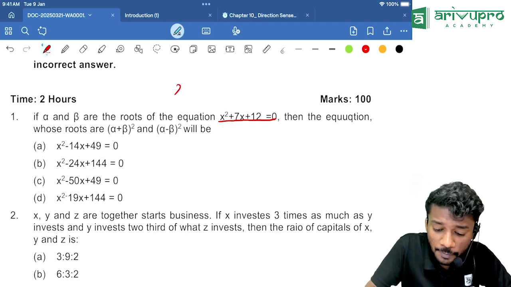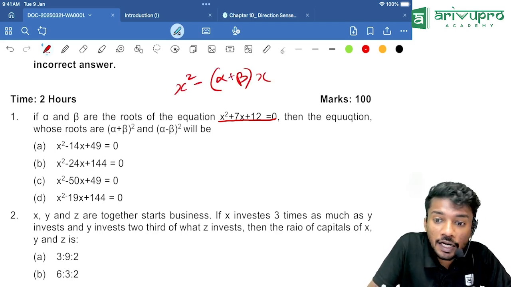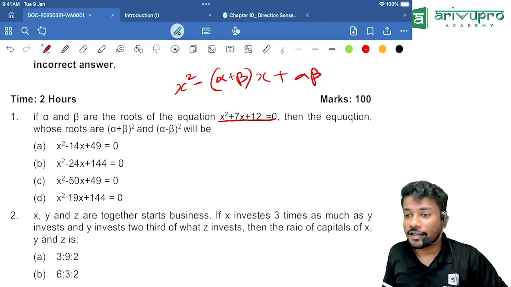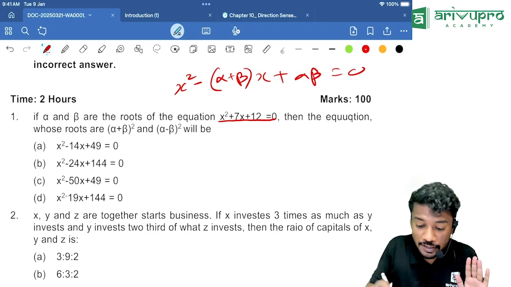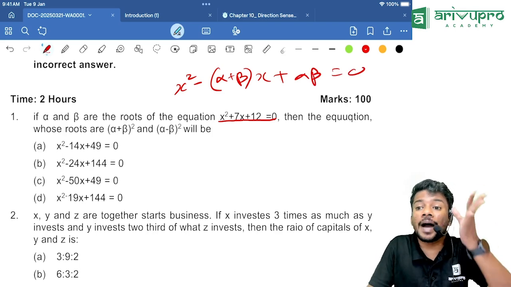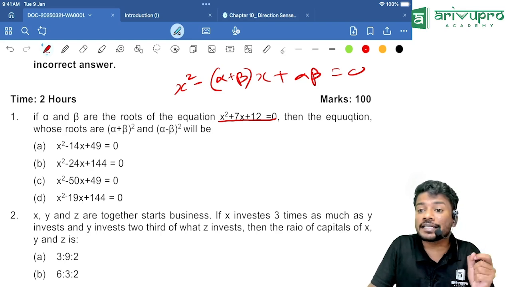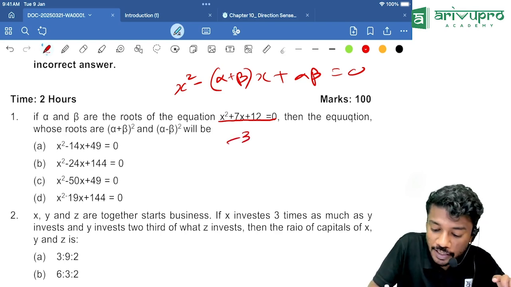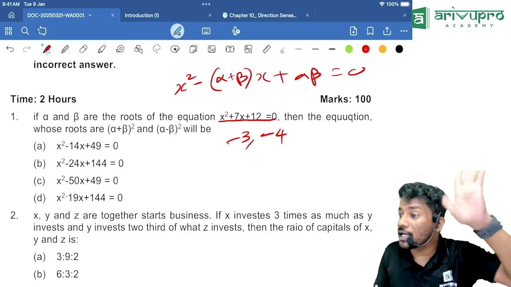What is the general formula? X square minus sum of the roots, plus alpha beta is equal to 0 is the quadratic equation's general formula. So, what is the sum? Minus 7. So, which numbers will give you minus 7 and product as 12? Minus 3, minus 4. So, alpha and beta are minus 3 and minus 4.